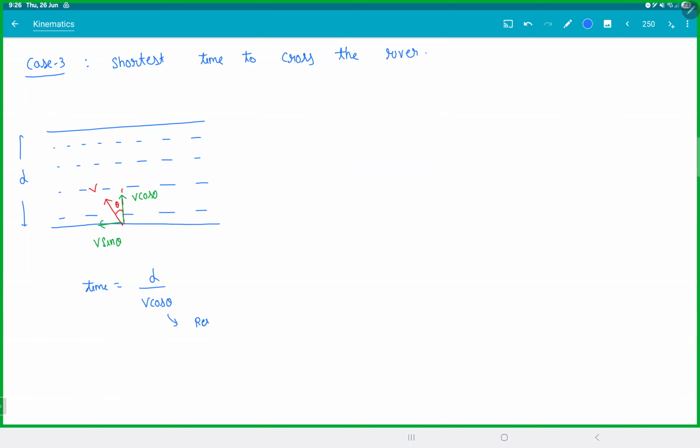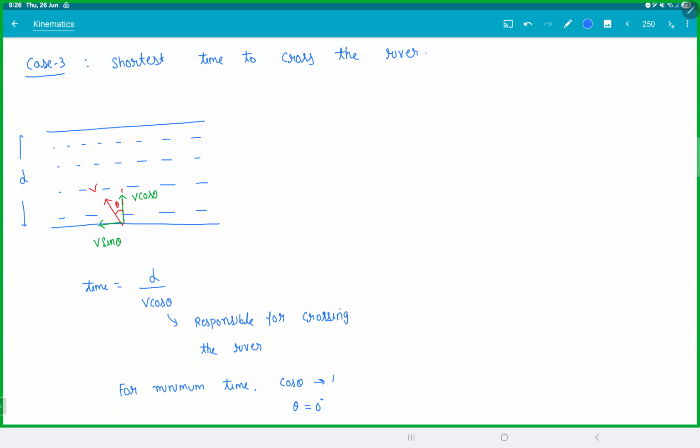So this V cos theta is responsible for crossing the river. The V sine theta is useless. It doesn't let you cross the river. So for minimum time, the denominator has to be maximum. Cos theta is 1. So yeah, theta is 0 degrees.